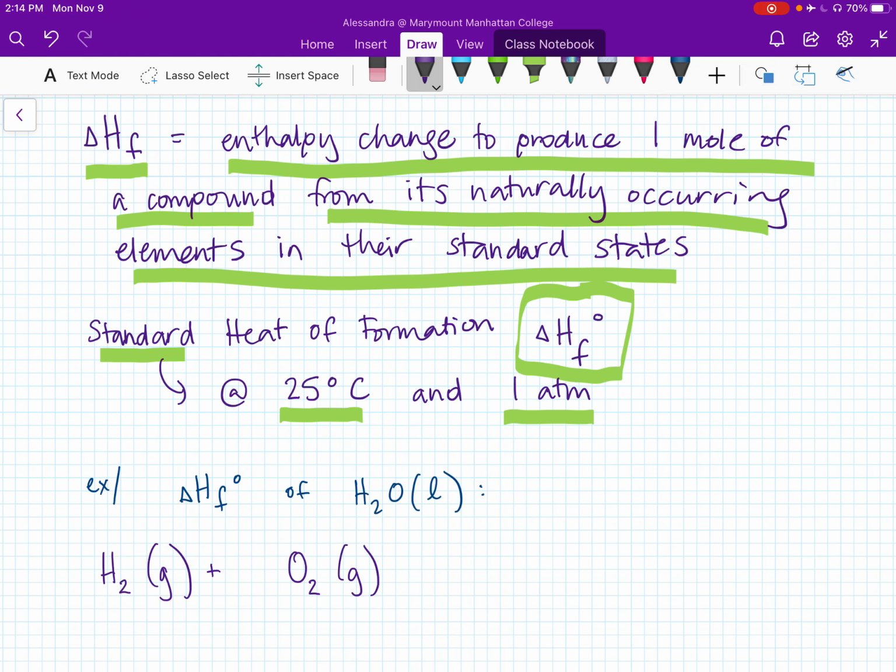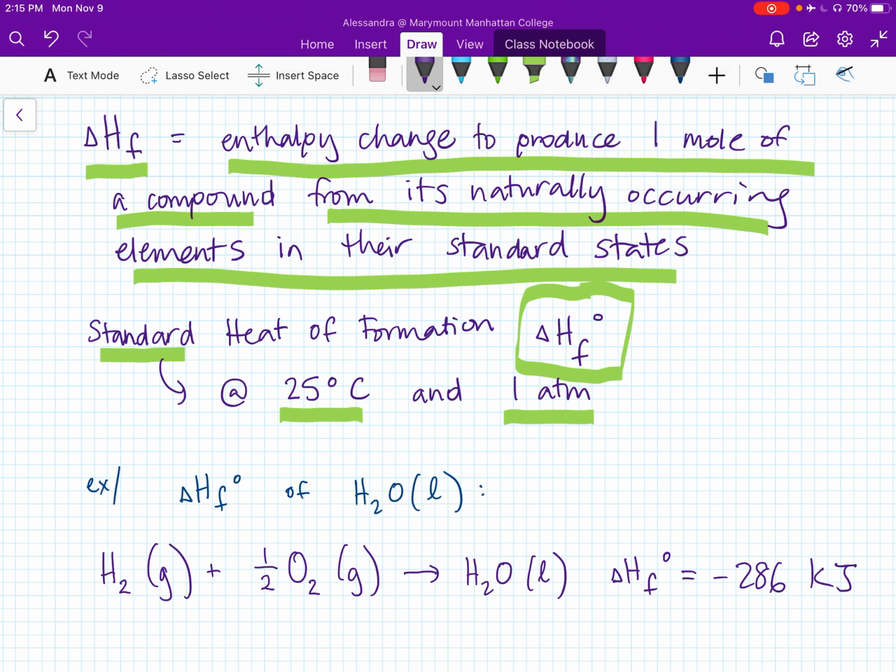If I combine them in a 2-to-1 ratio to make liquid water, this would be the chemical equation needed to produce 1 mole of liquid water from its component elements in their diatomic gaseous states. The heat of formation associated with that is minus 286 kilojoules per mole of water.